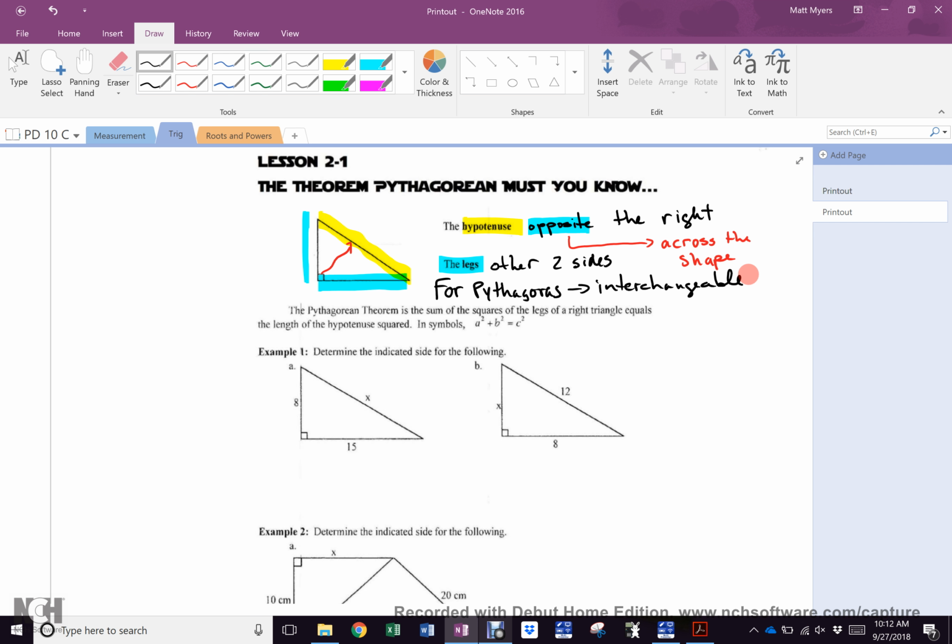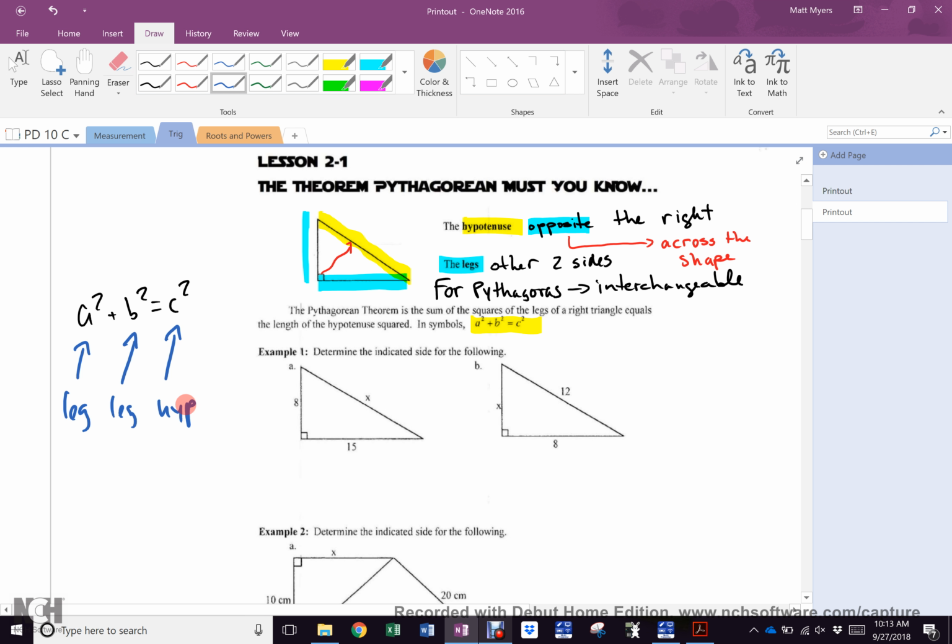Now, this is the way almost all of you were taught Pythagoras. A squared, B squared, C squared. A squared plus B squared equals C squared. That is a leg, that is a leg, and that is a hypotenuse, right?